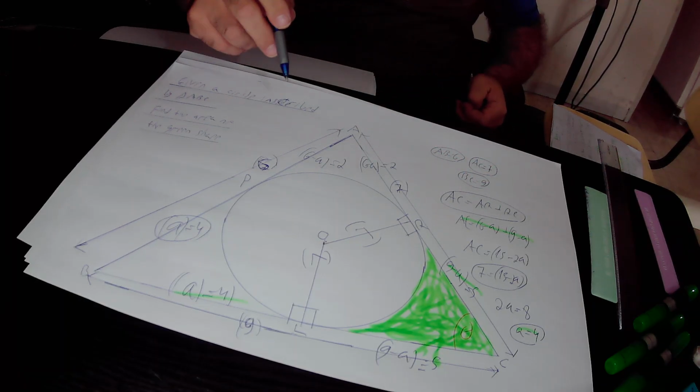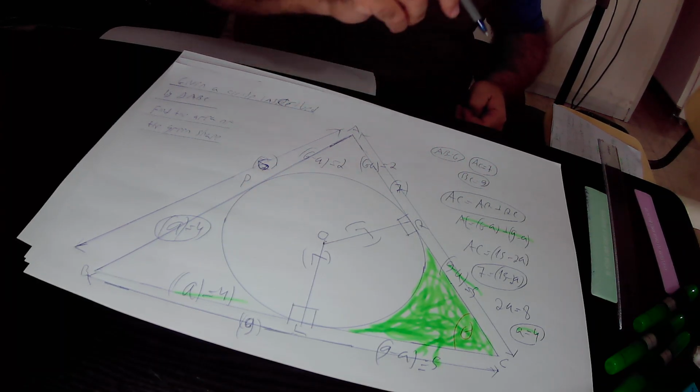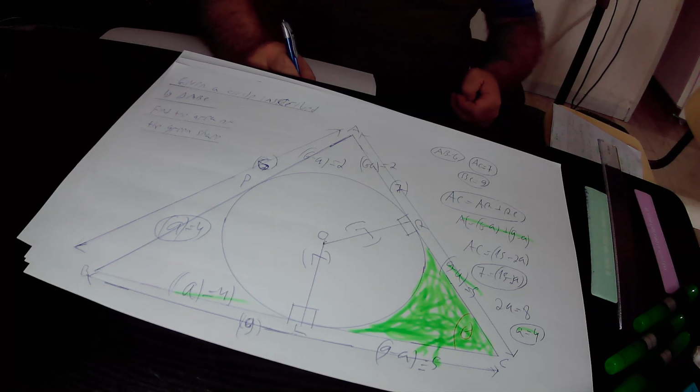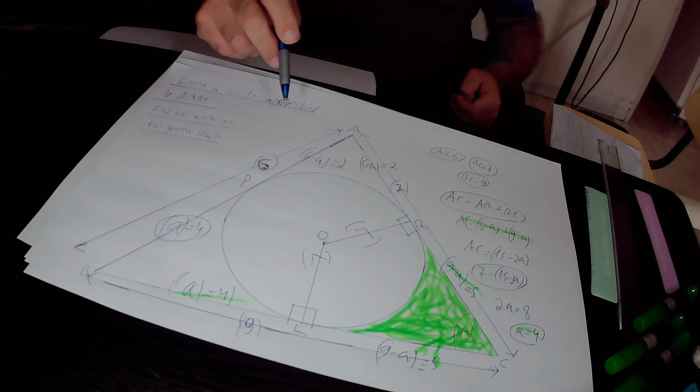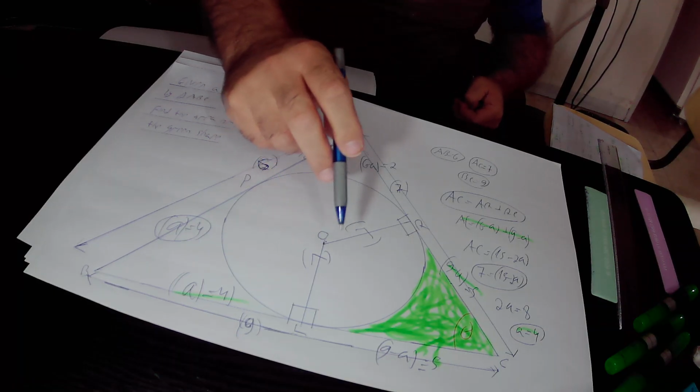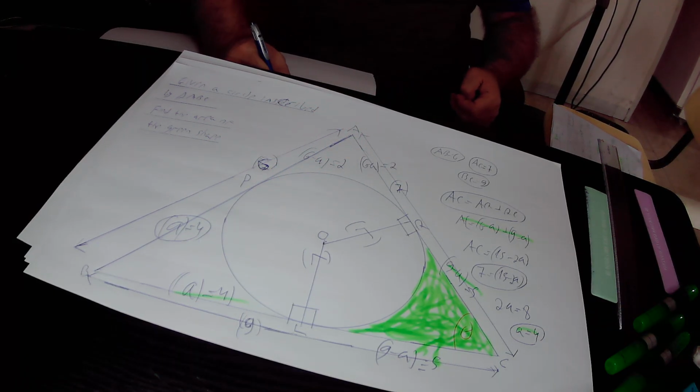This is actually 6 plus 9 plus 7. S is the symbol for the semi-perimeter. So the semi-perimeter of this triangle ABC equals 6 plus 9 plus 7, that is the perimeter, over 2.